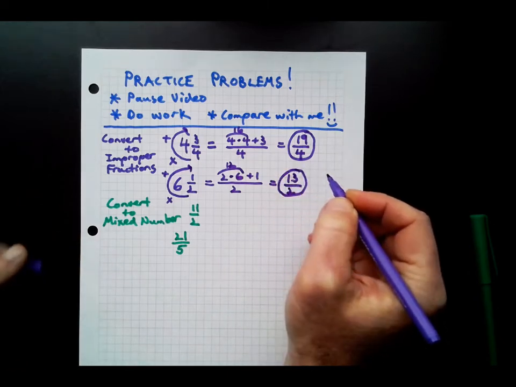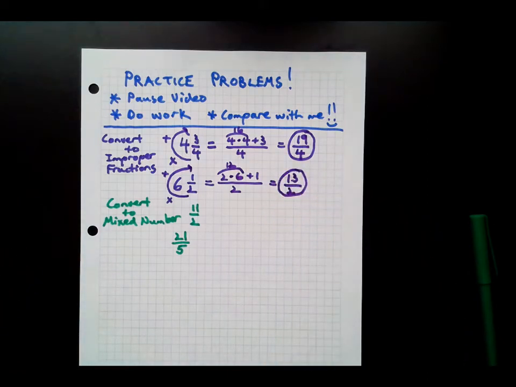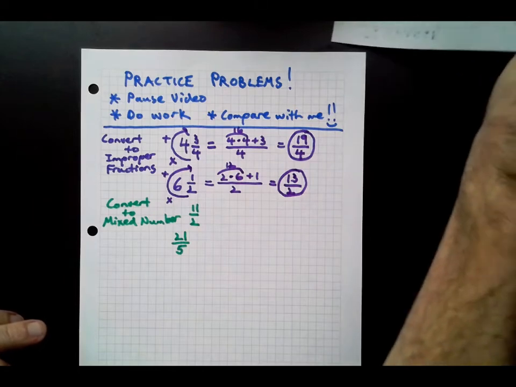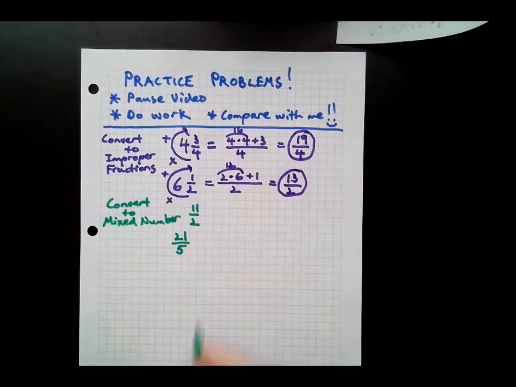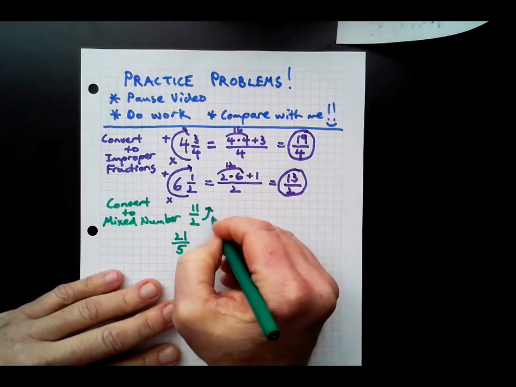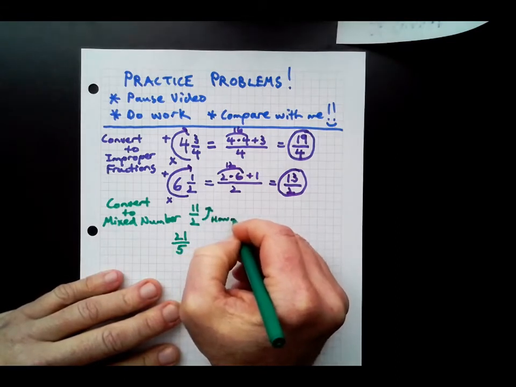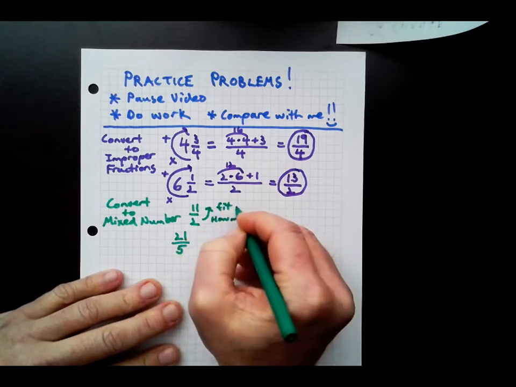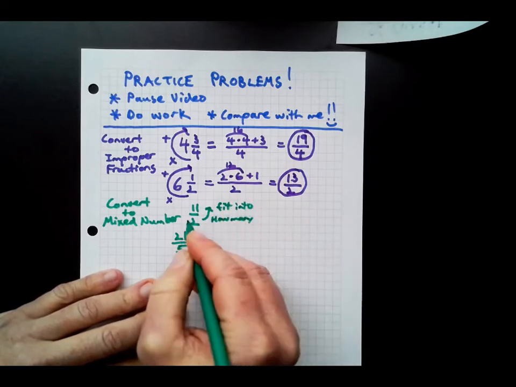Boom. Now going backwards from an improper fraction to a mixed number can seem a little more complicated, but we just simply ask the question, how many 2's fit into 11? We literally just do the division problem.